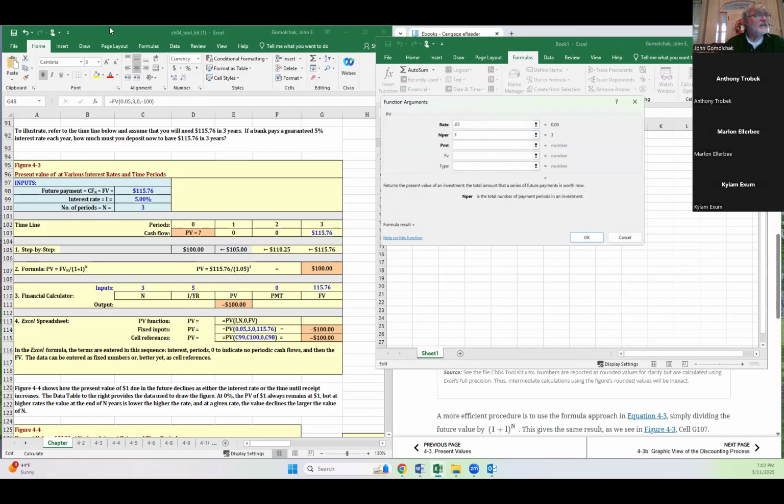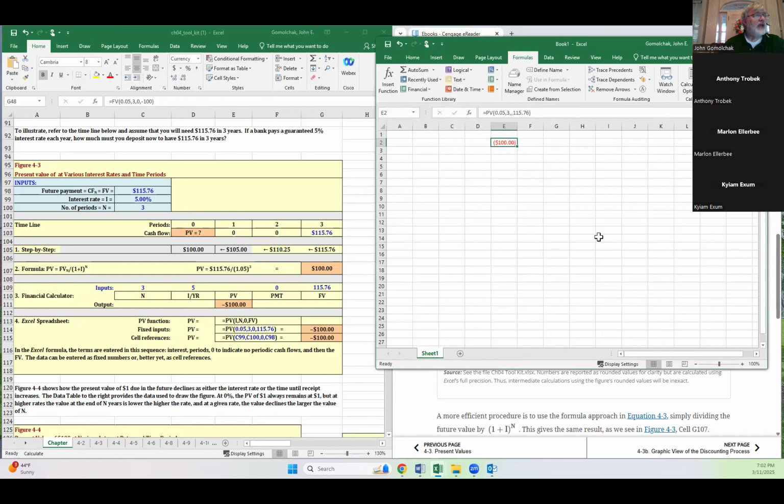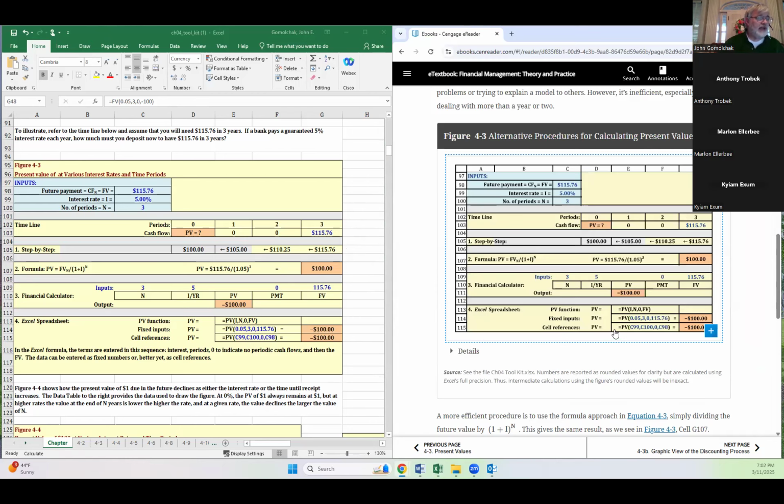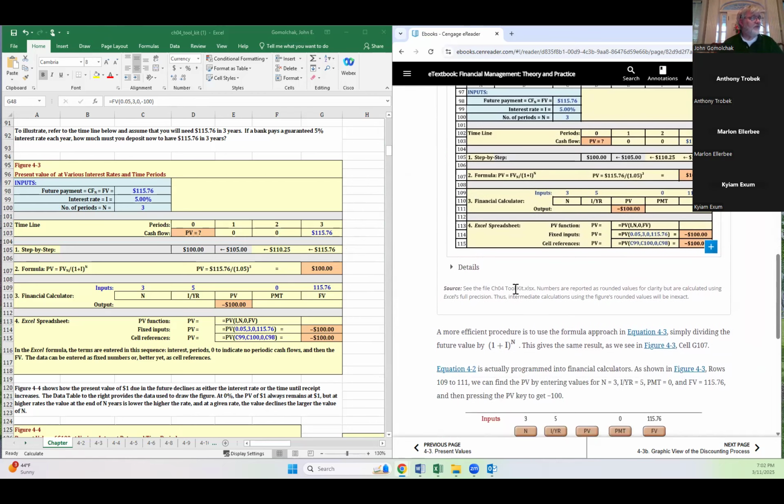Future value is 115.76. We don't do the type. Hit OK. There's $100, and once again, it should come up as a negative $100 because that's what we would be out of pocket if we were to try and create that 115.76 in the future. So once again, I believe this is an extremely easy way to do this. I probably should have done that not over the top of it so we'd have both of them sitting together.